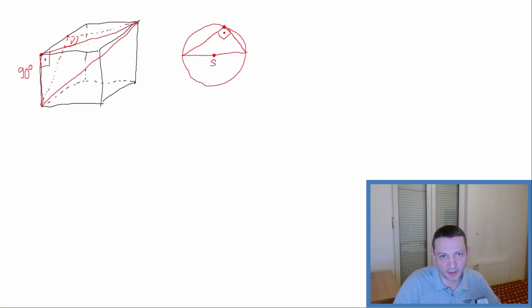Here the central angle is this one, which is actually 180 degrees, and this inscribed angle is 90 degrees, but it is actually obvious in a general sense, even if this line is not through the center of the circle. So this is the Thales theorem, and from this Thales theorem we can conclude the following.